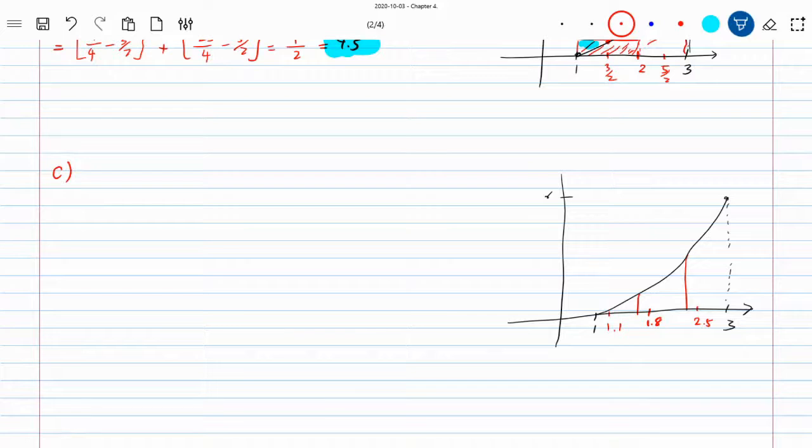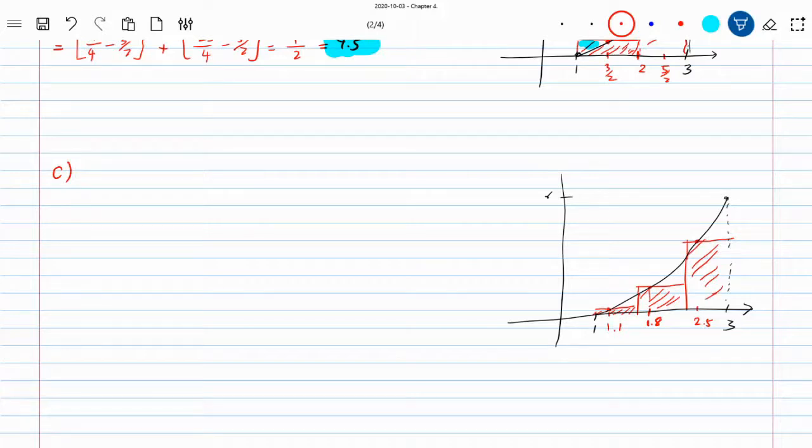You should have one sample point in each interval. So here they say use that point to approximate the area. Use this point, 1.8, to approximate the area. And here you use 2.5. Here's the y value of 2.5. Approximate the area by using 2.